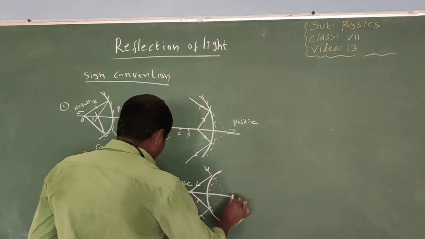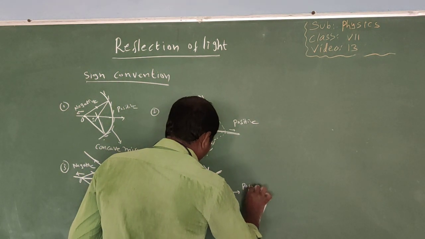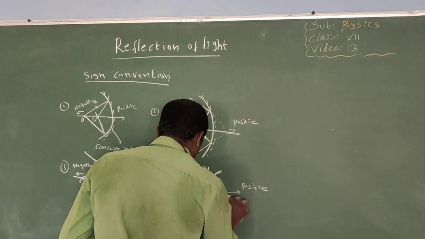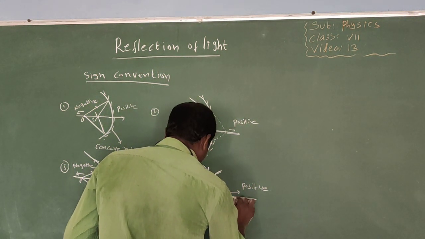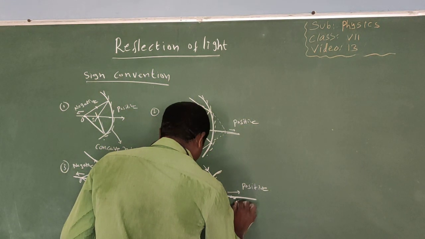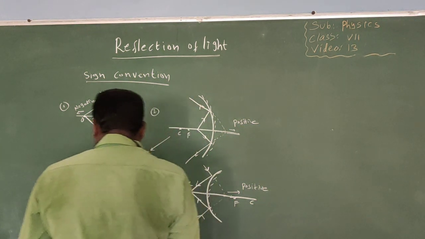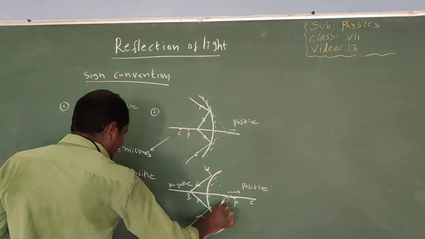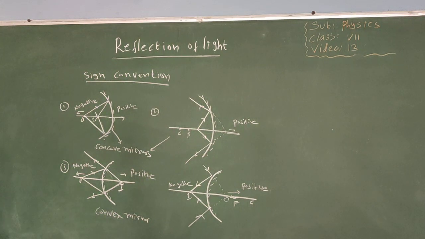This is the focus, and this is the center of curvature. The object is here. So these are the sign convention diagrams for the concave and convex mirror.